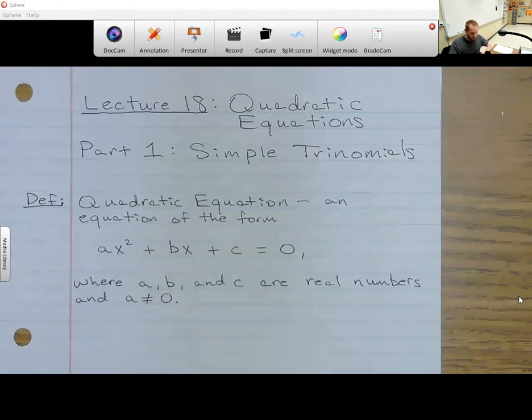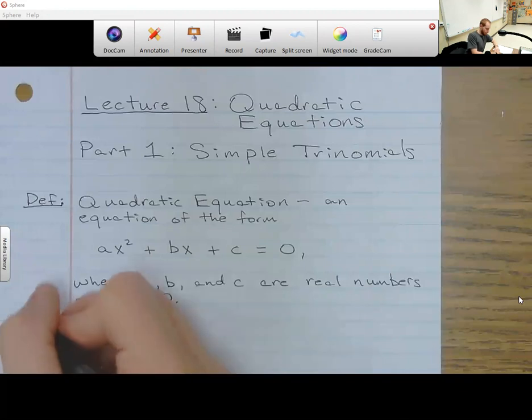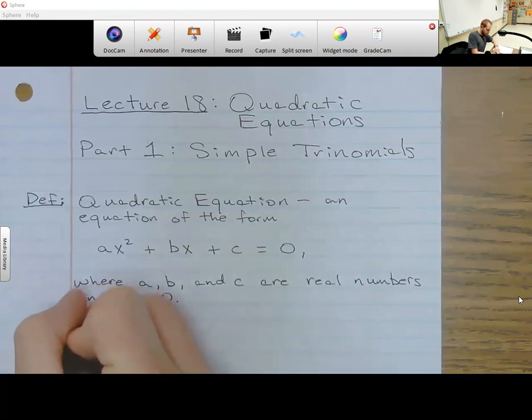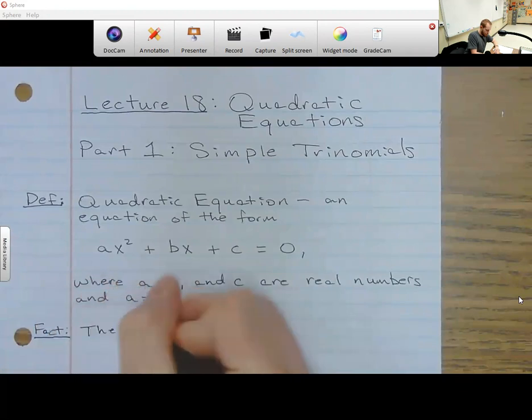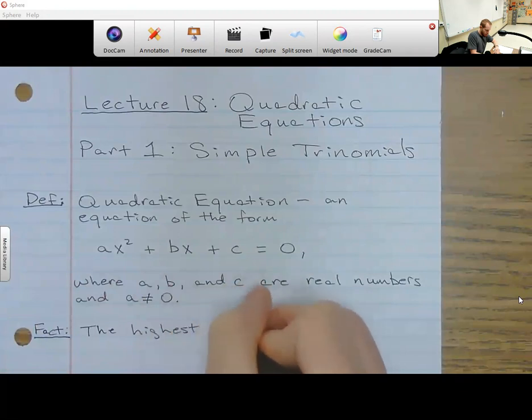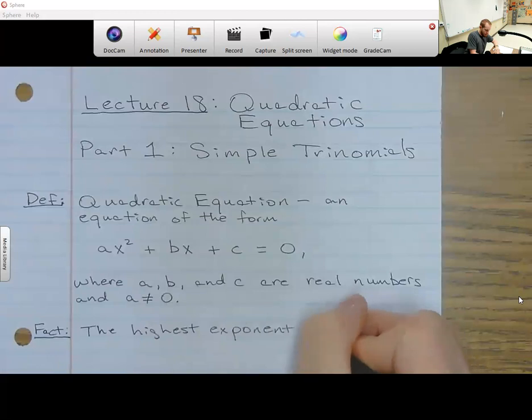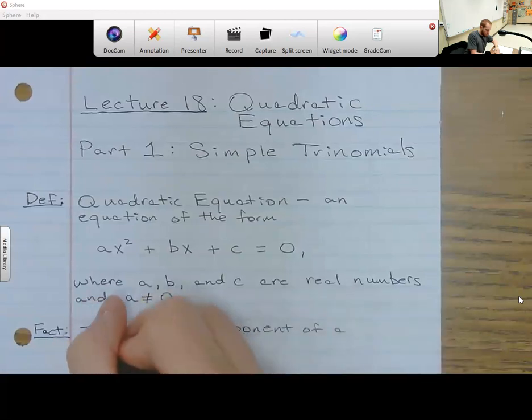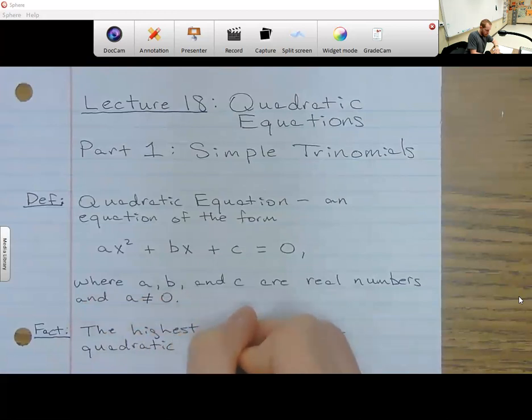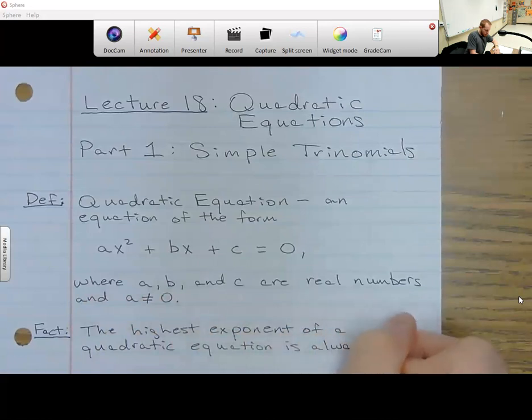So let me go ahead and do a fact. The highest exponent of a quadratic equation is always 2.